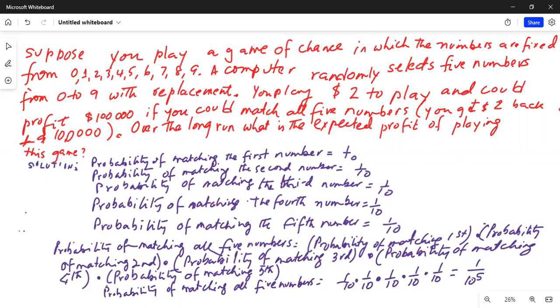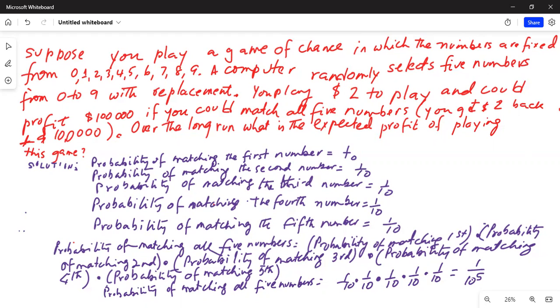That is the probability of matching all five numbers. And remember, you gain the $2 that you have paid to play the game, plus you win 100,000 when you match all five numbers. So let's make a table.